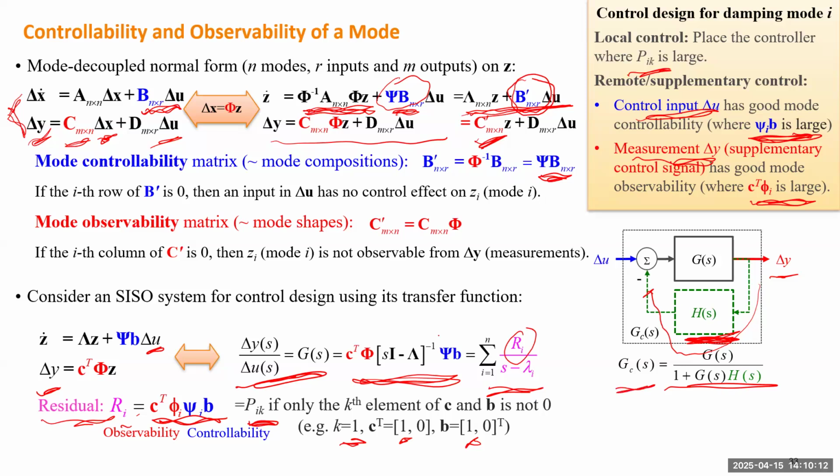The denominator will be the characteristic equation. So if I want the denominator to have the design eigenvalue, I only need to make H equal to -1 over G, where lambda 0 is the design eigenvalue. If I am able to estimate this transfer function using this formula, I will know how to design this H, and H needs to be able to affect the design eigenvalue.